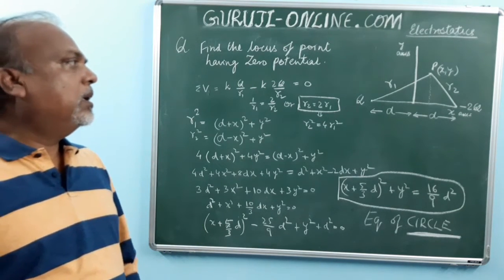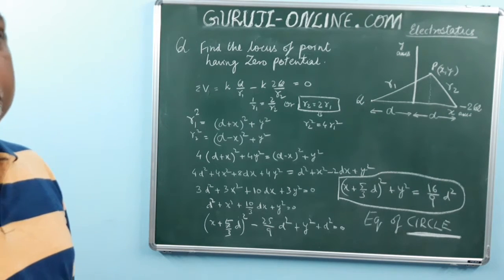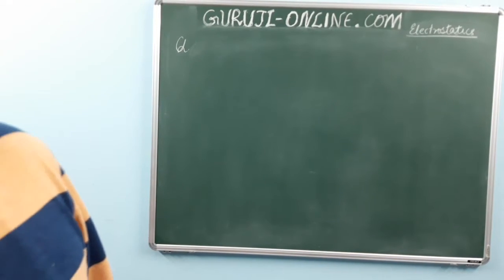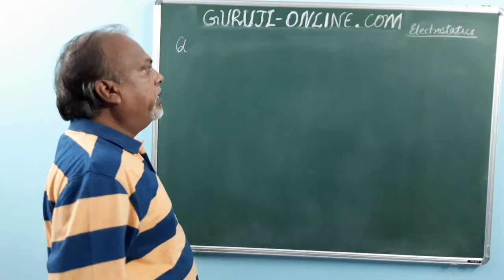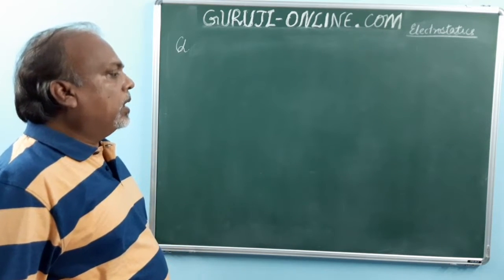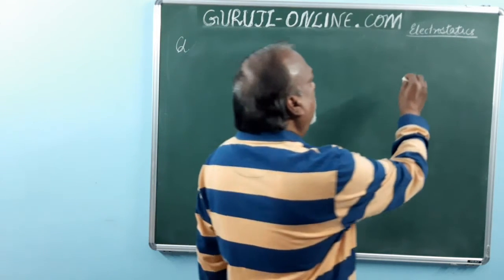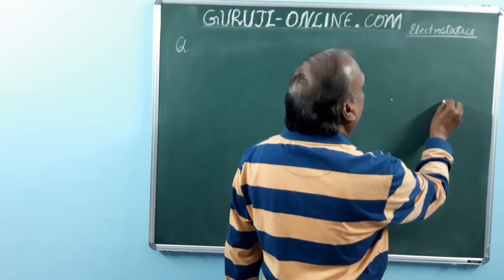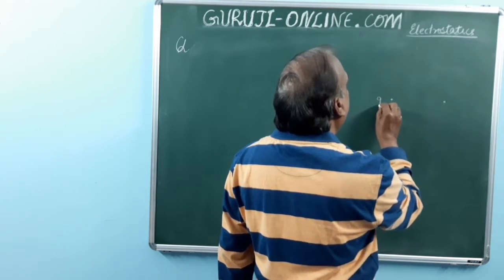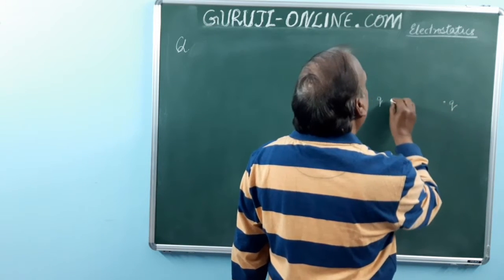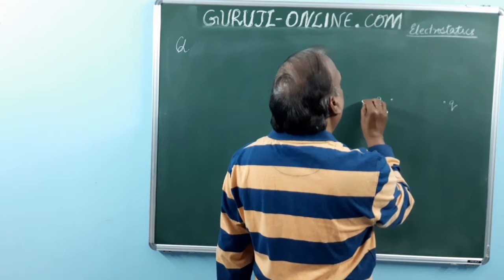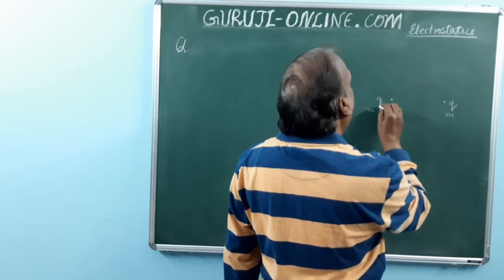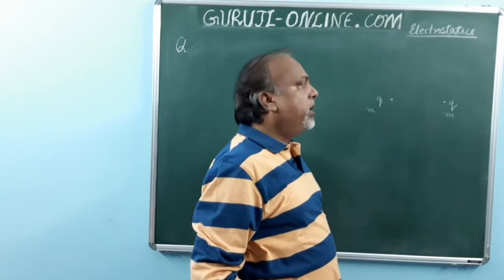Now we'll go to the next, one more interesting problem. Now let us see what is our second problem. Second problem is like this. You have two charges, two particles are there whose mass is m and charges on the particles are q.